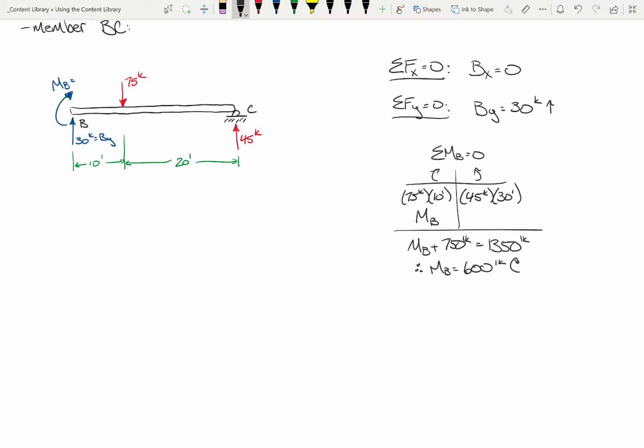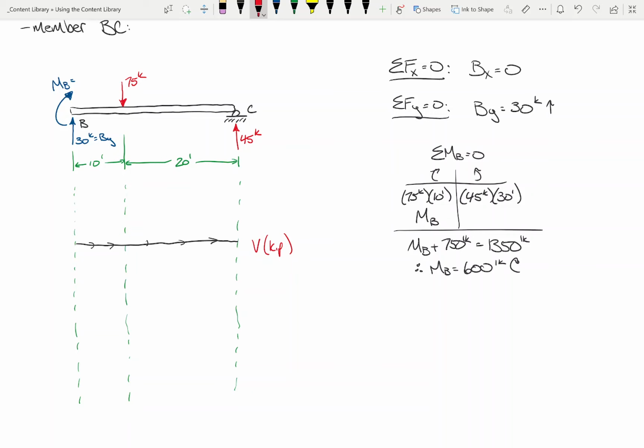And then what we can do is just do what we've been doing. We'll draw our arrows. And we'll say, so what happens with the shear?